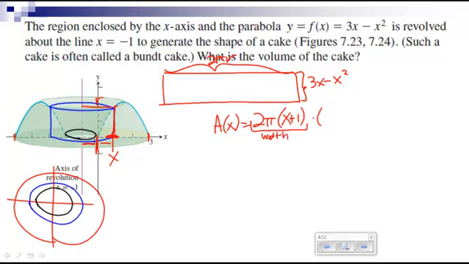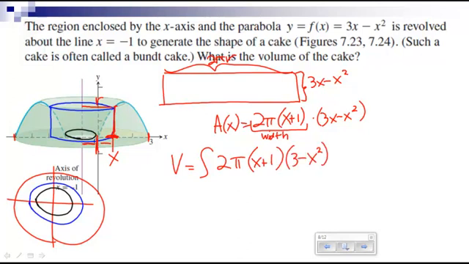Okay, our height is my area, and now let's go to the volume stage. The volume is going to be the integral of all of that mess. And I need a little bit of thickness. How would I grab this cylinder?